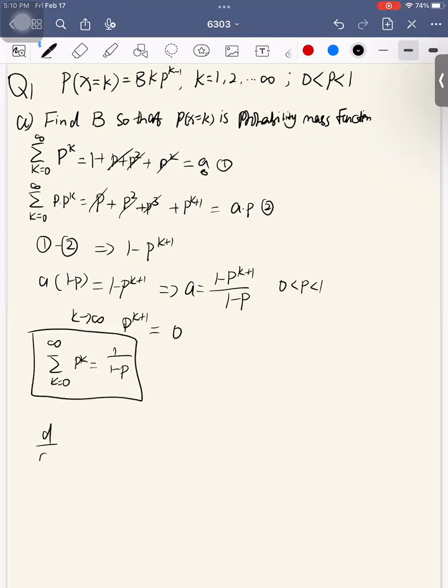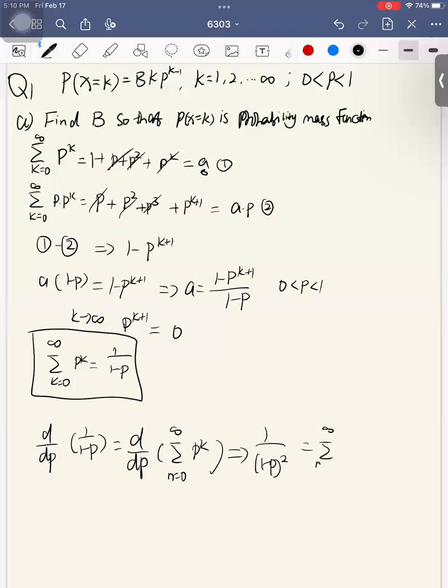Then we can take the derivative on both sides to calculate the b by using this sum equation. When we take the derivative, we get these results. We get this.